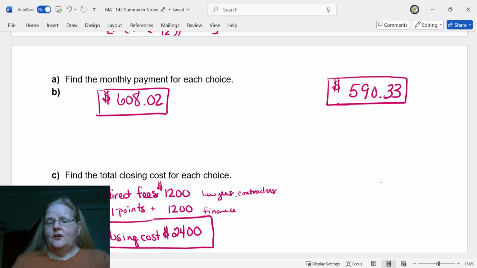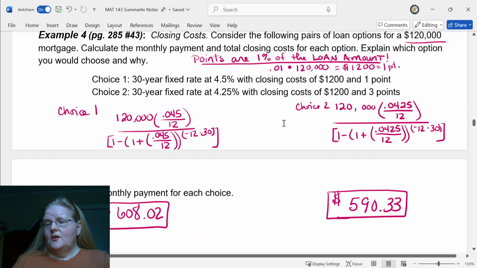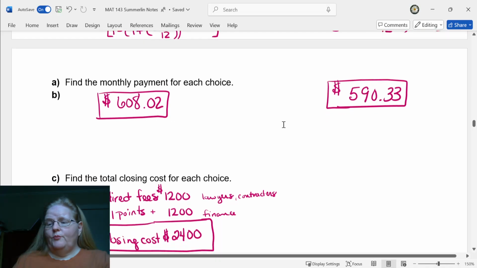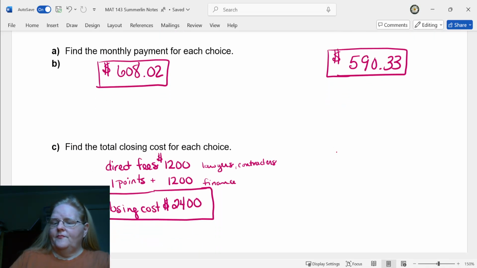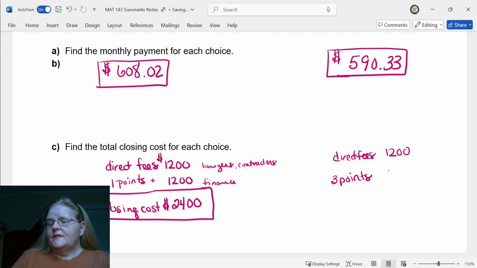Over here for the closing costs, for the second choice, you had $1,200 plus 3 points. A lot of times they will give you more points. 3 points is going to be 3 times the 1,200, which is how you get the 3,600, which makes your closing cost now 4,800.